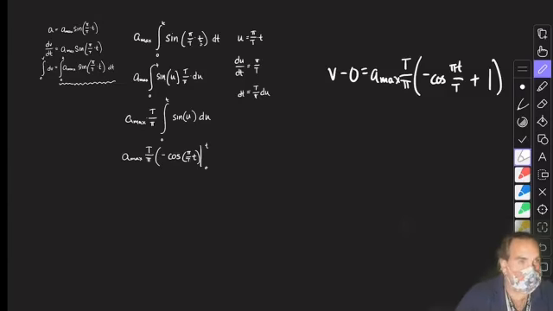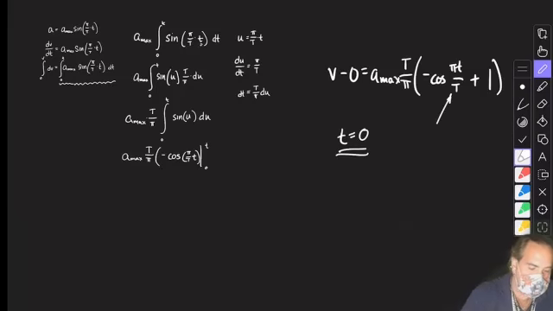Now, interestingly enough, at t equals 0, I put in 0 for t here. I'll get cosine of 0, which will make all of this negative 1. And negative 1 plus 1 is 0. So when I put in t equals 0, I get what I expected, v equals 0. But when I put t equals capital T, all of this becomes pi.